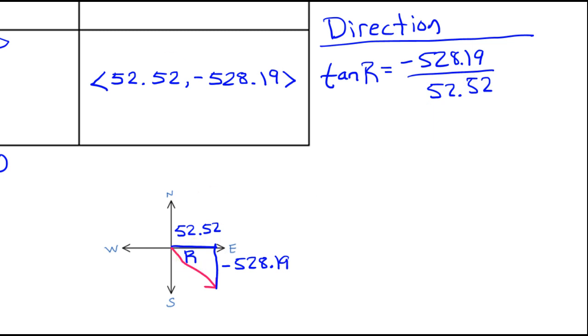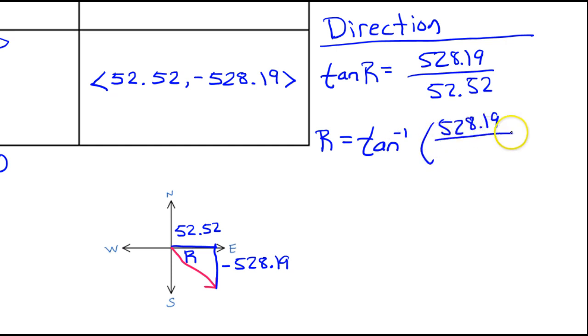However, all I care about is the positive value of the reference angle, so I'm going to erase the negative sign. We can find the measure of the reference angle by doing the inverse tangent of 528.19 over 52.52. Calculator. I got 84.32 degrees. Okay, now that's the reference angle.